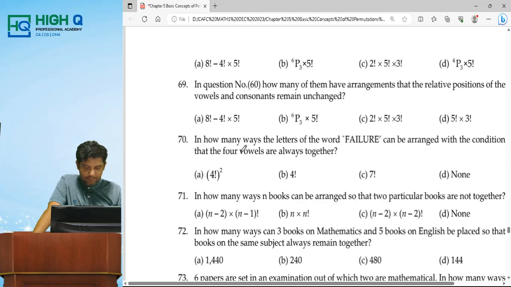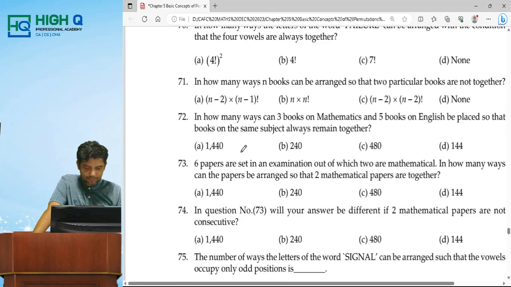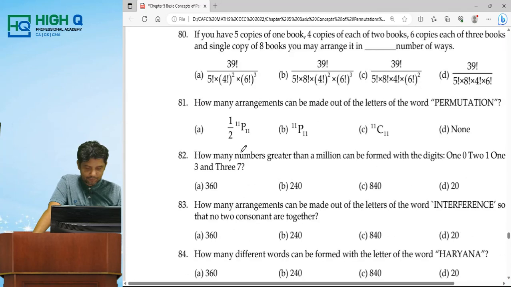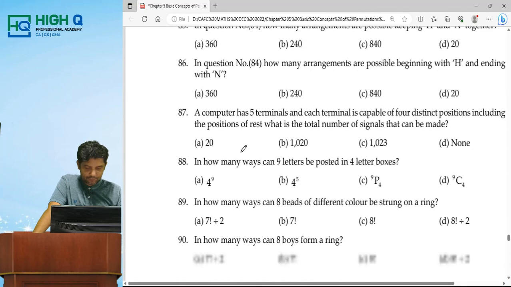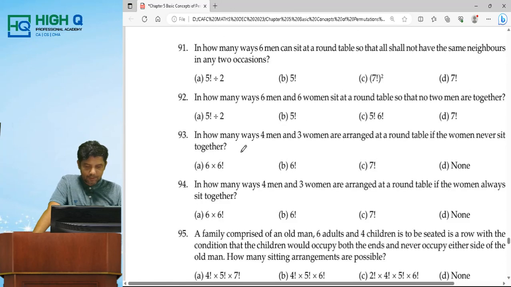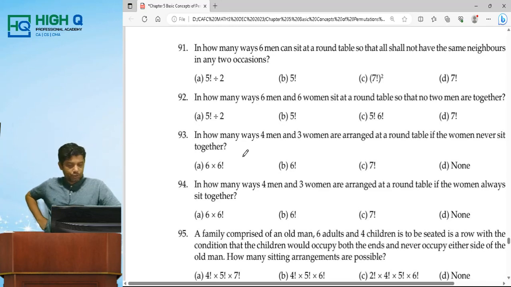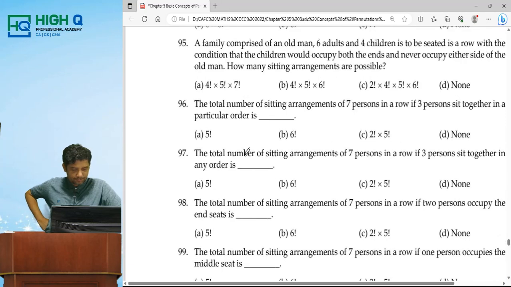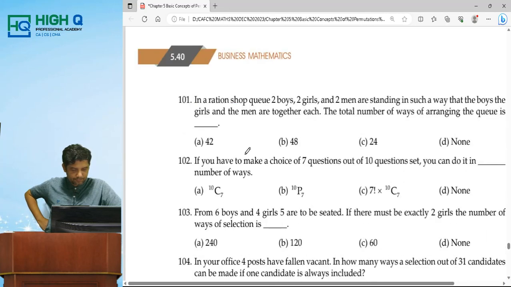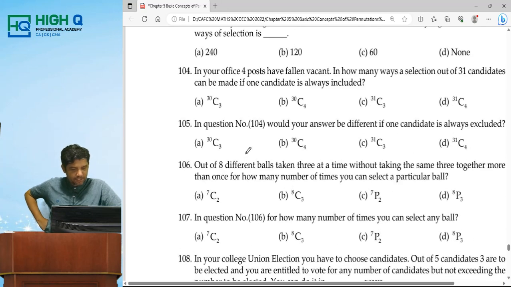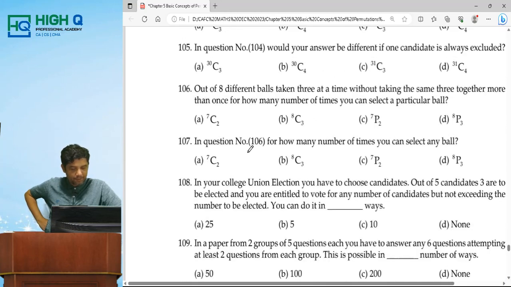Come to the additional question bank. Arrangements are clear. The examination, but combination is very important. For probability, we use it.